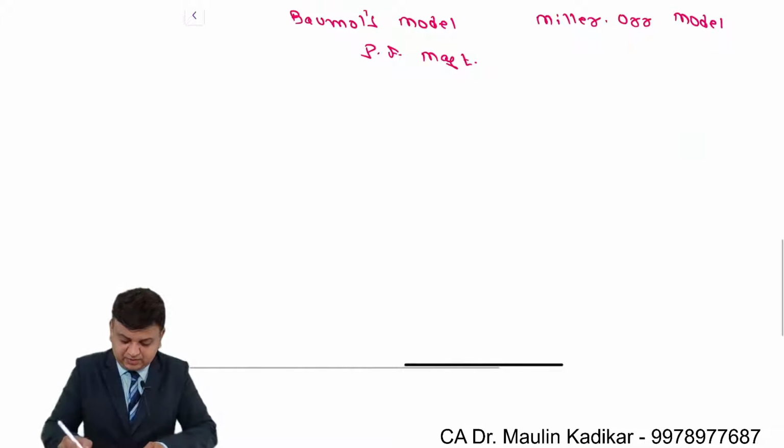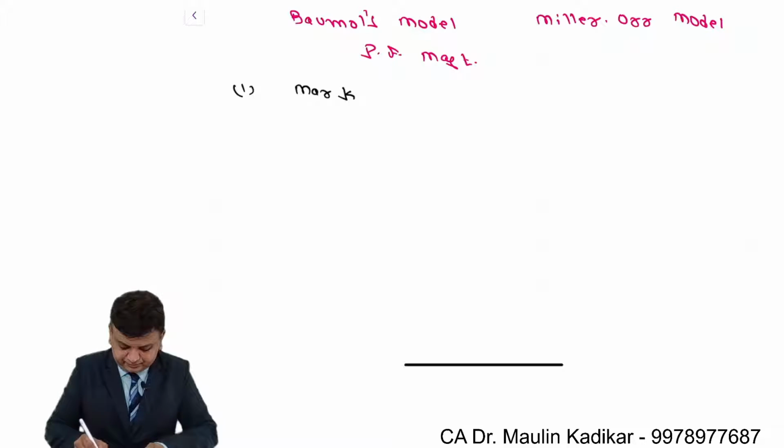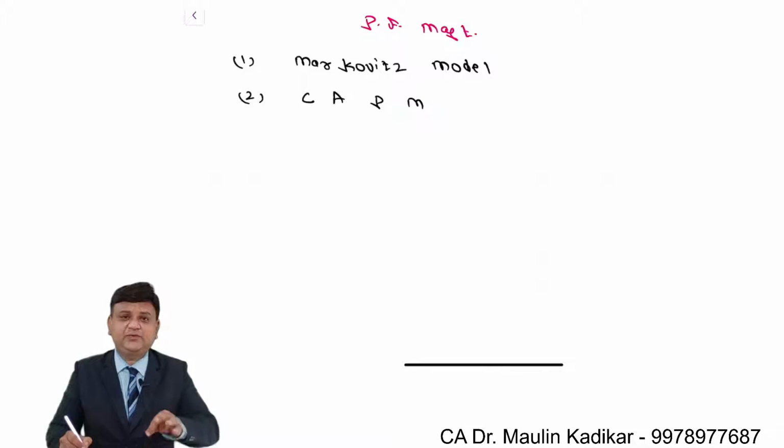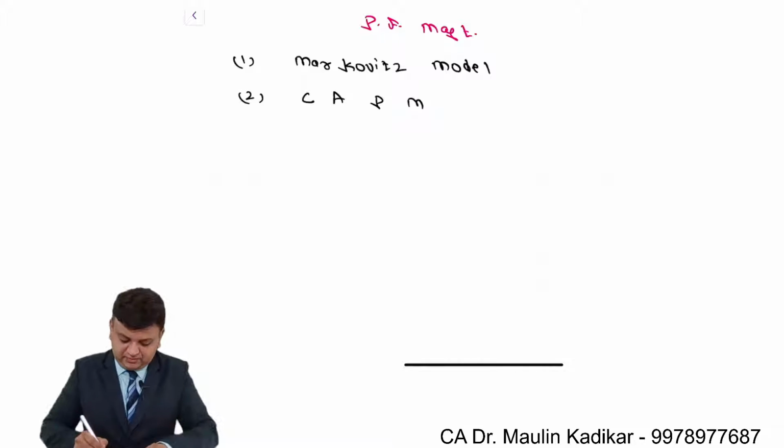In that you are going to learn the Markowitz model. You are going to learn CAPM. CAPM stands for Capital Asset Pricing Model. That is what you are going to learn.